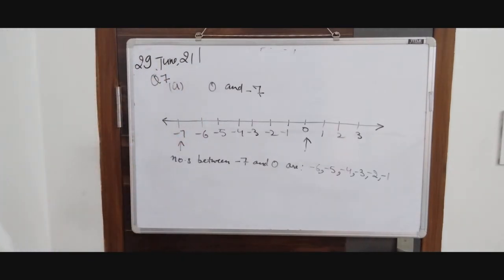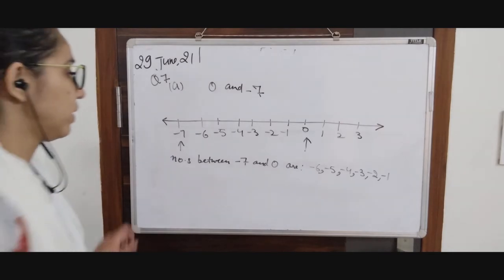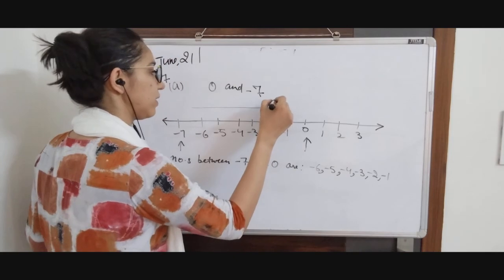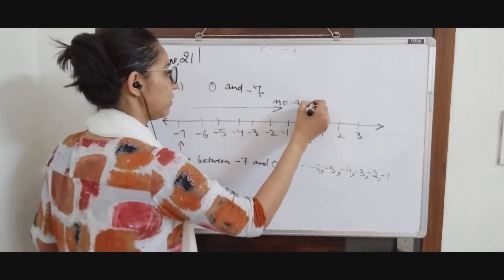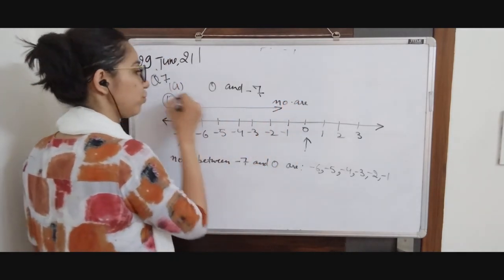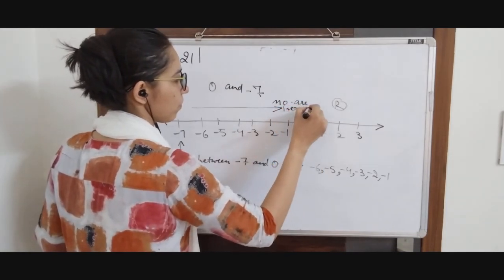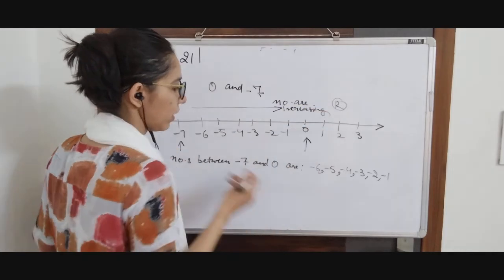Now we have to represent them in increasing order. When we are going from left to right, numbers are increasing. Okay.